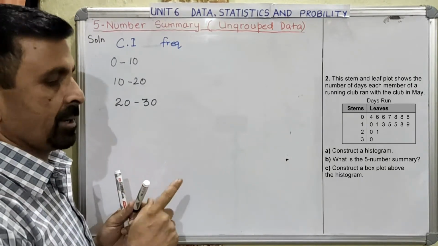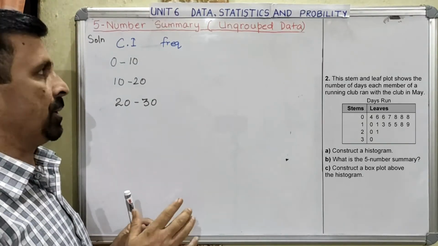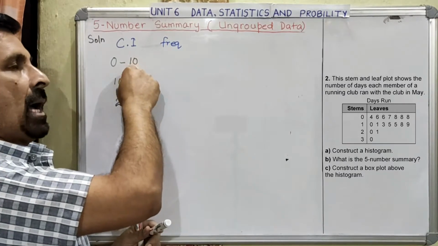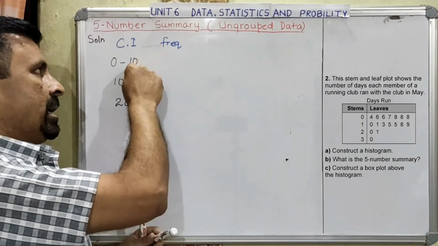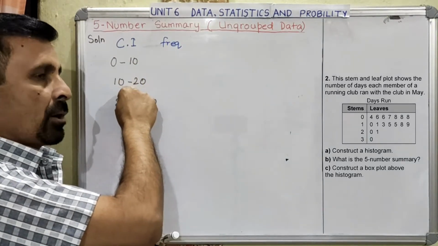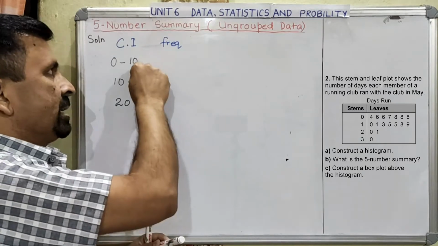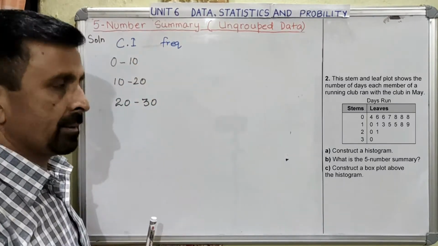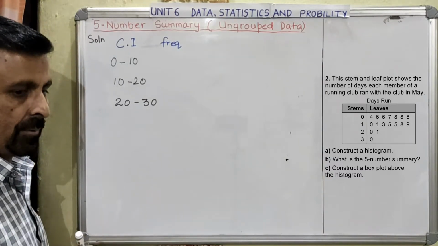The last data value we have is just 30, and we are accepting the upper limit. That means if I have the data value 10, it will come under one class interval but not under the other. You cannot repeat; you have to decide on one. So we are including it here.